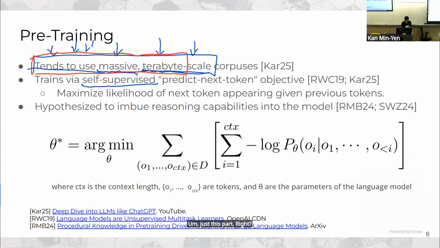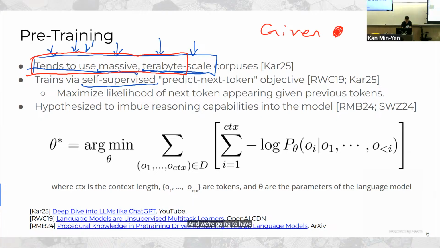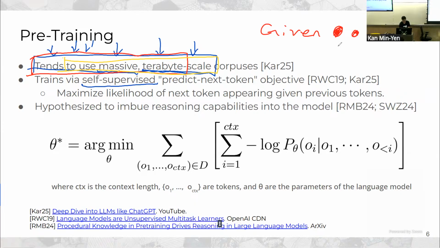Terabyte. We're going to stop at terabyte. What happens is that we're going to give it the red color, and we're going to have each position be able to predict the yellow color portion. So if I just make that clearer, these are actually multiple tokens. I want them to be able to do something like this. That's kind of how pre-training works.